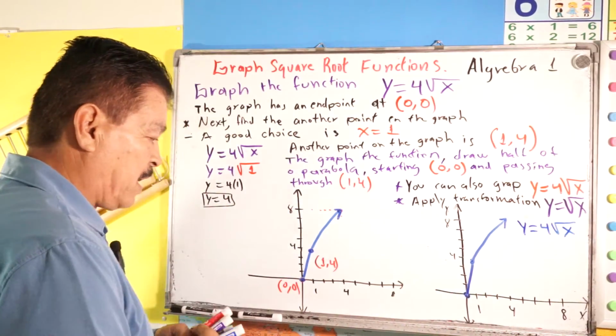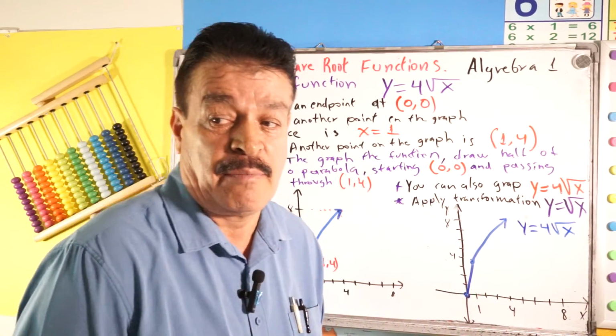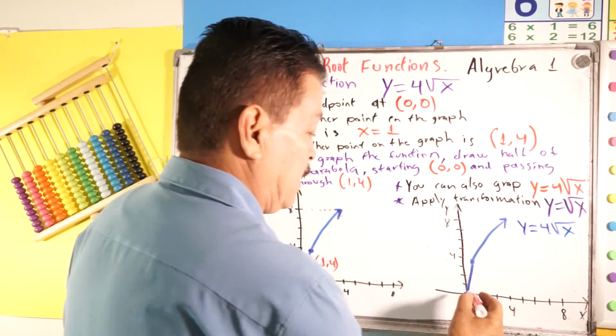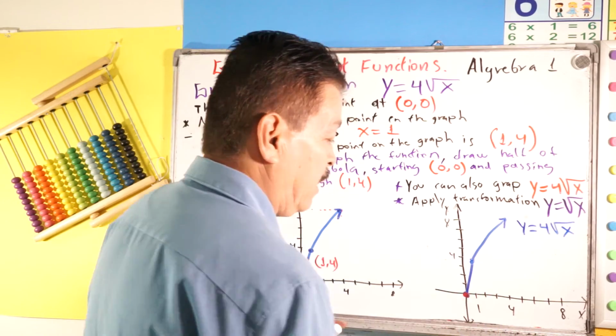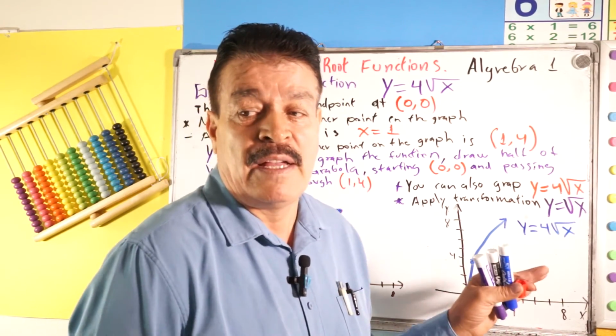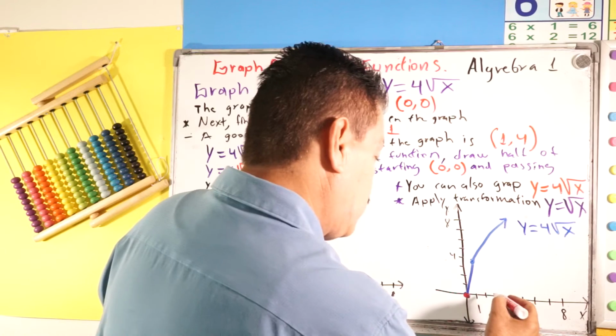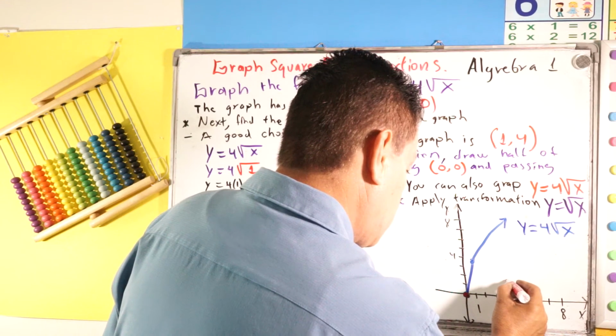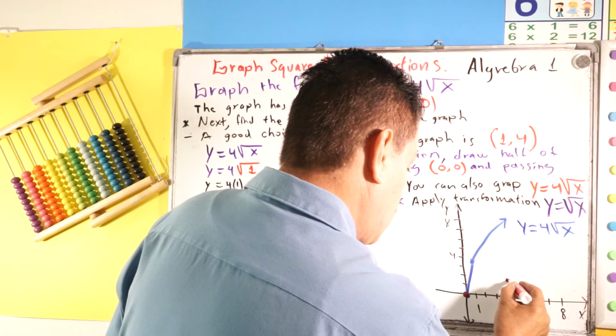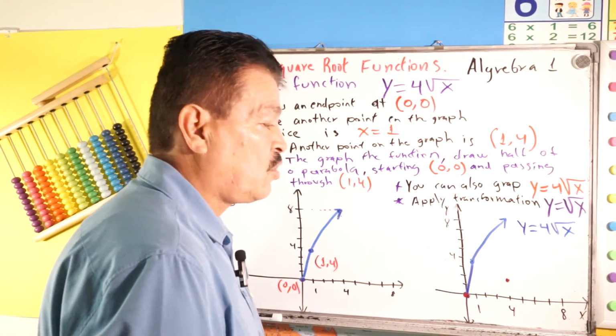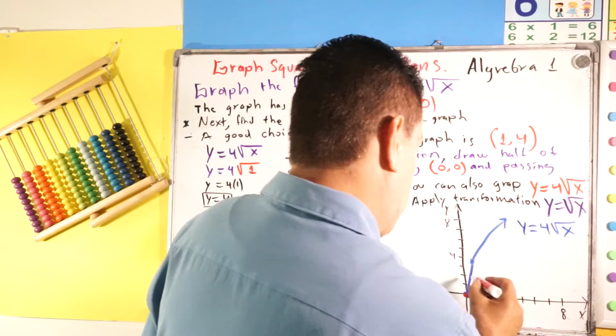But I would like to make another graph. Remember, this one is from the beginning of our algebra class. One point is (4, 2), and then the other is (8, 3).